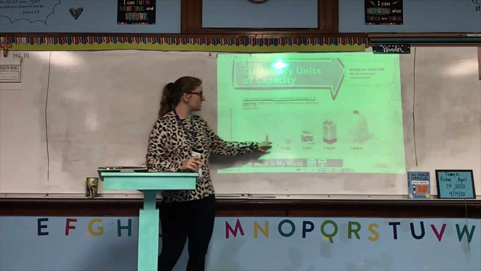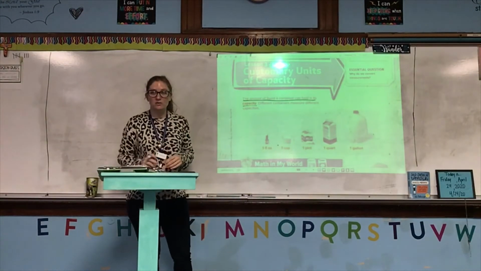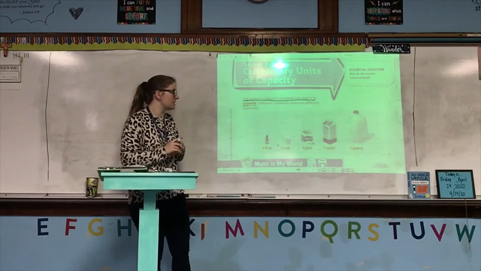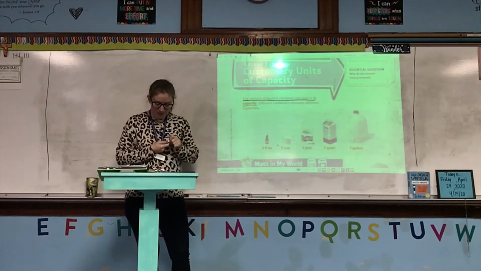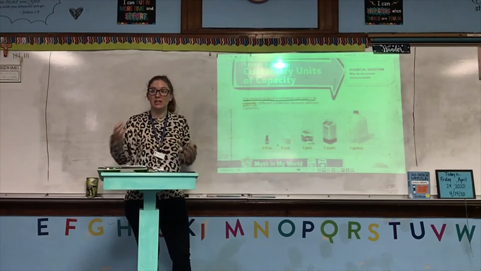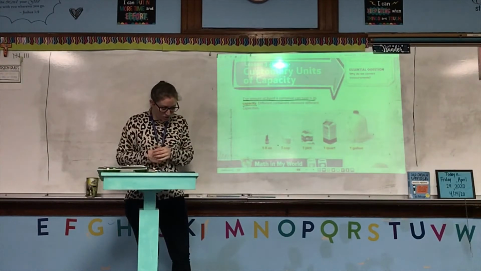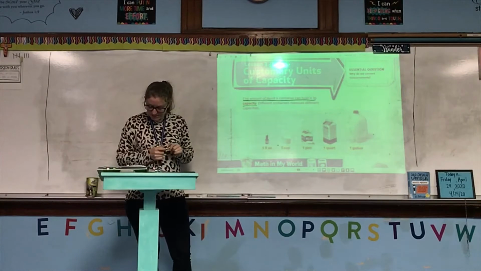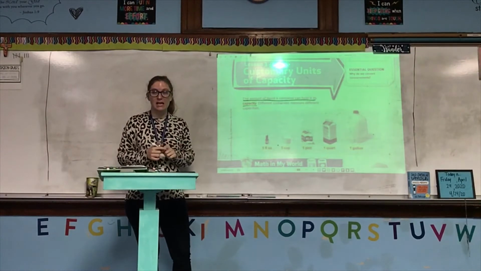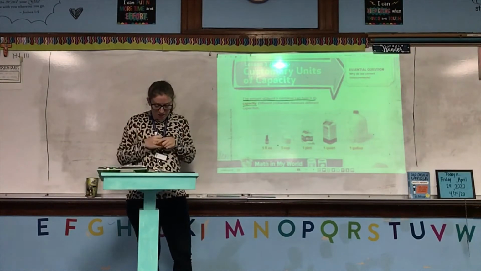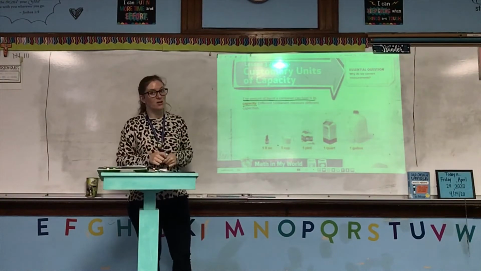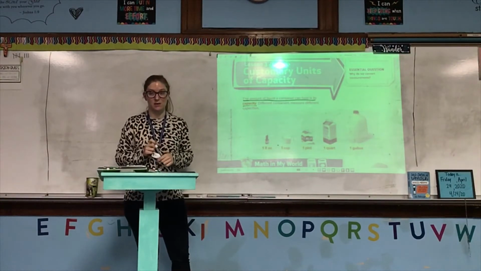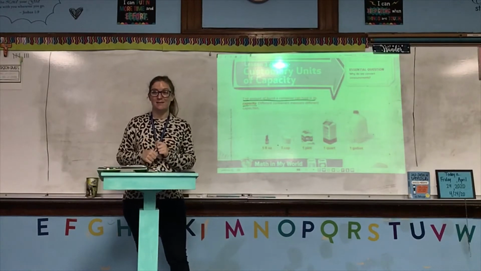So each of these containers hold a different capacity. They hold a different amount of liquid. And that's what we're going to be talking about today. We're going to be talking about containers that hold liquid. And mostly today what we're going to be doing is figuring out which estimate is reasonable, or you will be making your own estimate where you have to say the number and the unit.